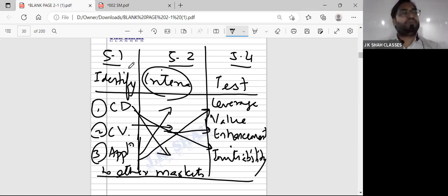Imitability. Please don't judge me by my handwriting or my spelling. I know a little. Even if you judge, it's fine. How to identify core competence? Number one is competitor differentiation. Number two, customer value. Number three, application to other markets.